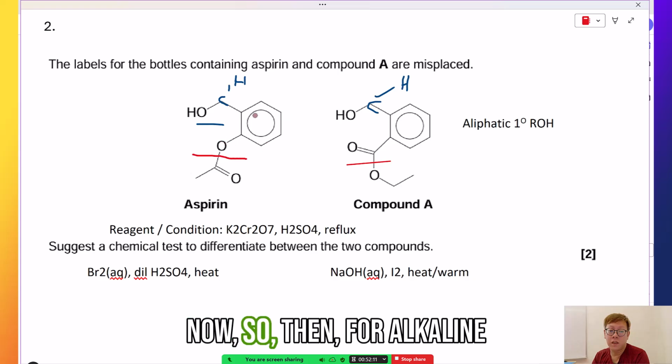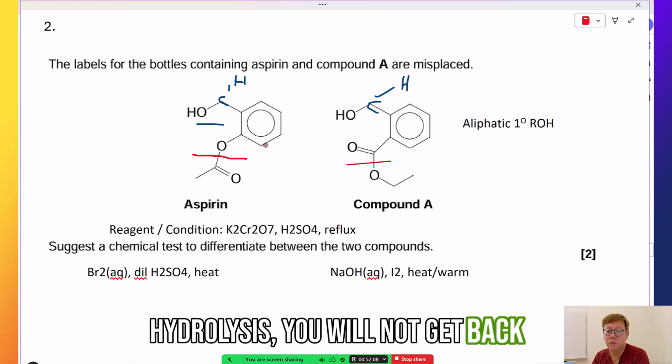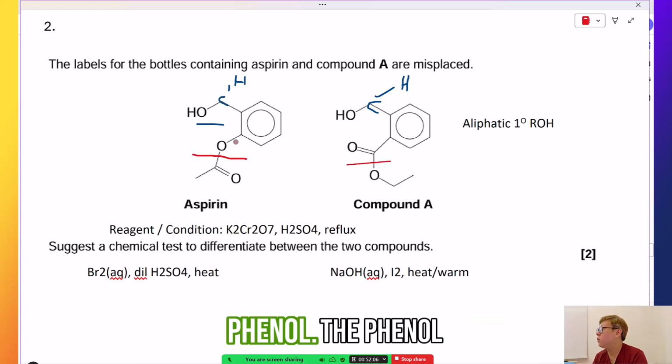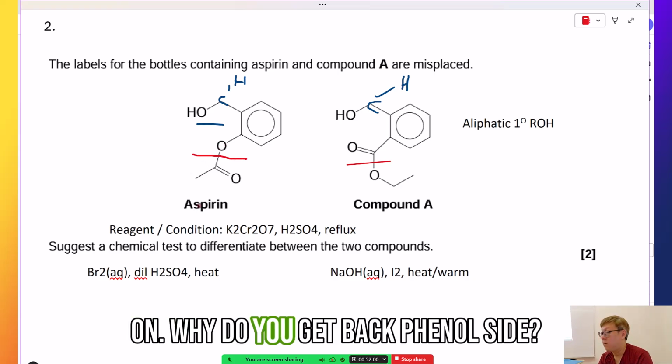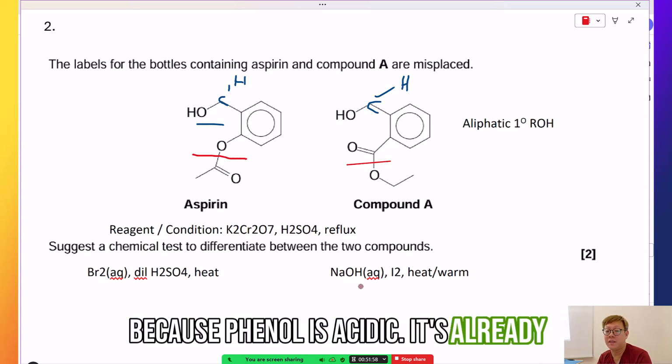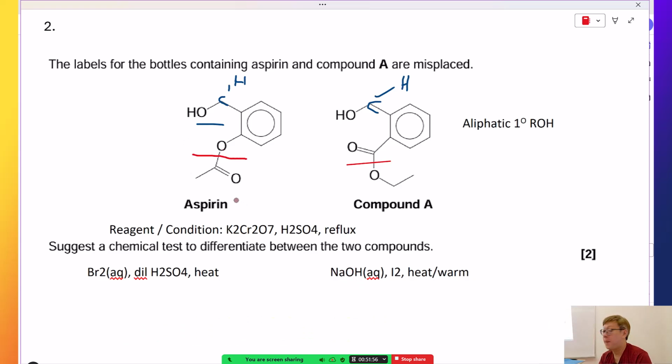Now, for alkaline hydrolysis, you will not get back the phenol. You get back the phenoxide. Follow? Why do you get back phenoxide? Because phenol is acidic, you will react with sodium hydroxide. You will get back O minus Na plus.